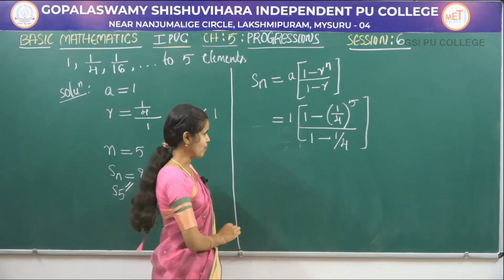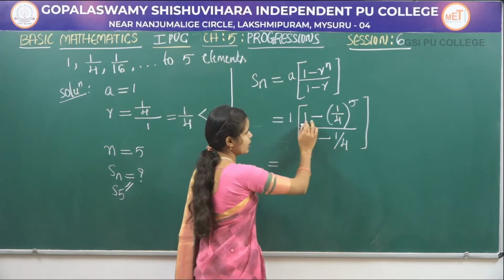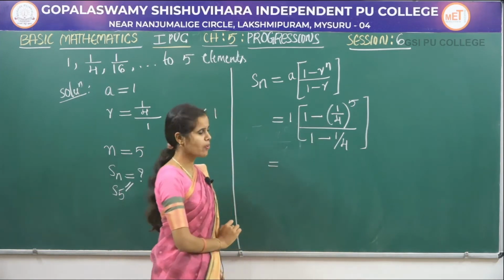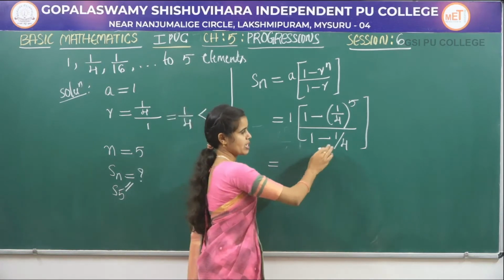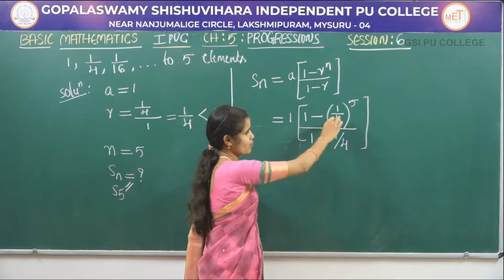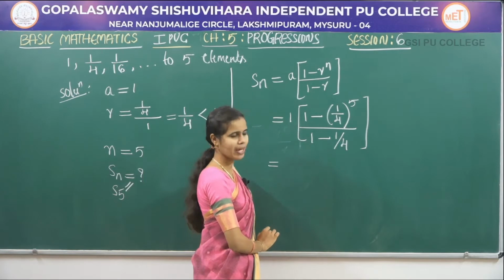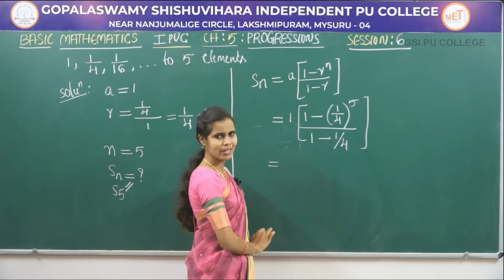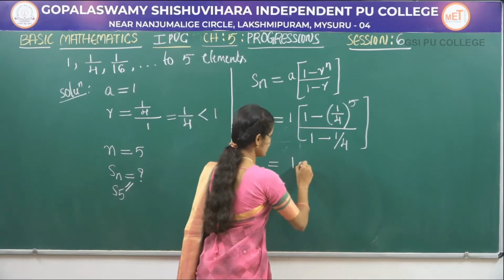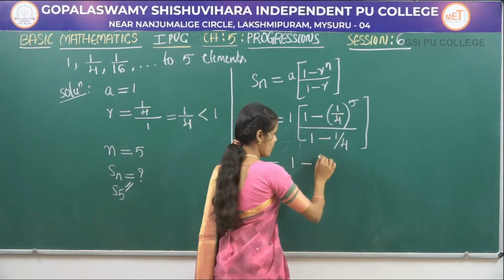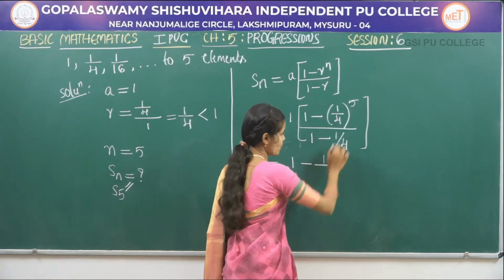Okay, next simplify. So 1 into 1 minus 1 by 4 to the power of 5 divided by 1 minus 1 by 4. This can be written as 1 minus 1 to the power of 5 is 1, over 4 to the power of 5.